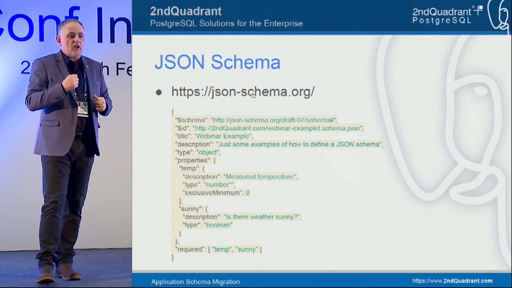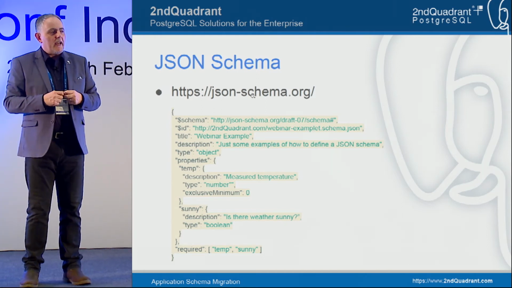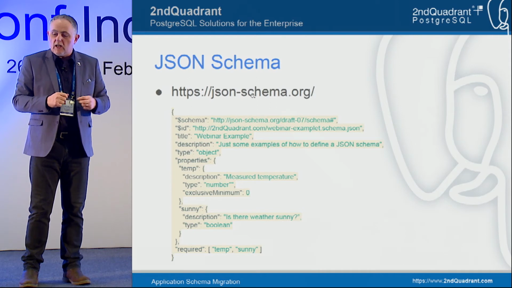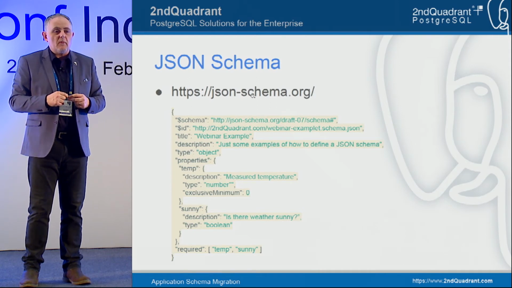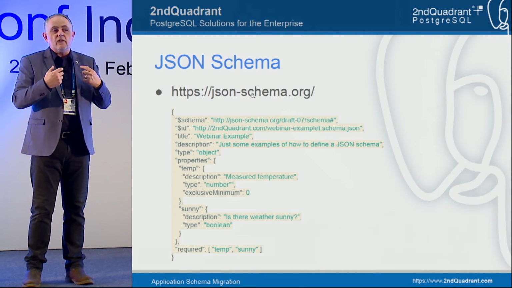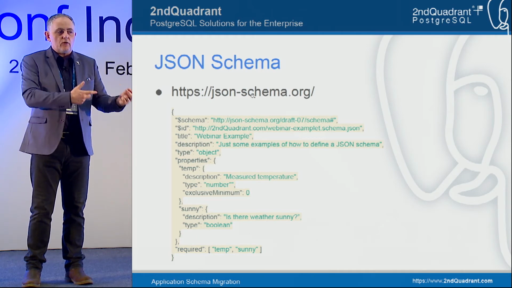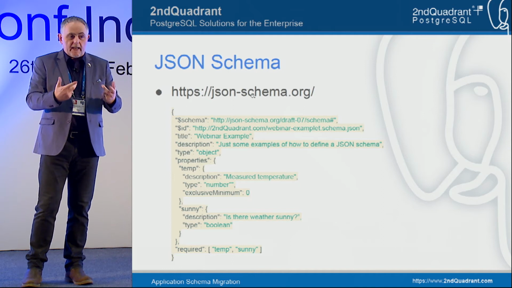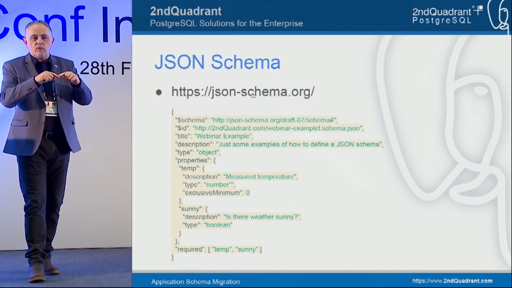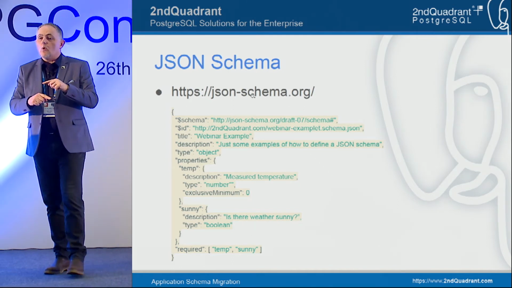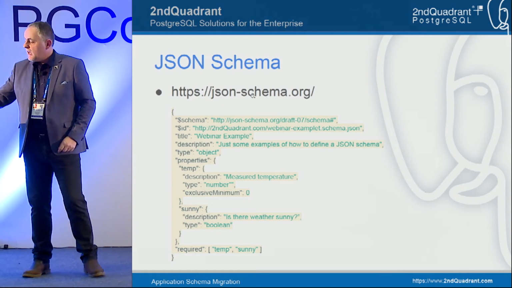Okay, so there's a movement ongoing now called JSON Schema. The idea is to invent a way of specifying that the JSON in your database should be regular, so that you can come up with a strict definition of what the database should contain.